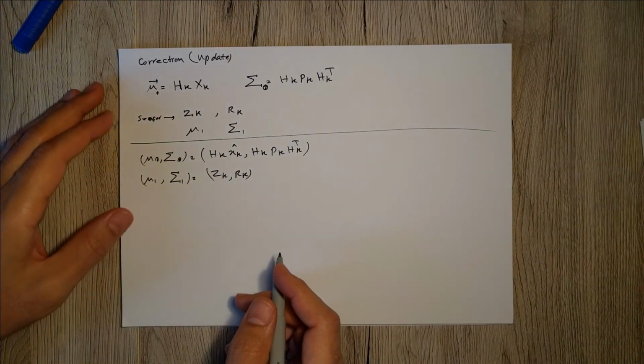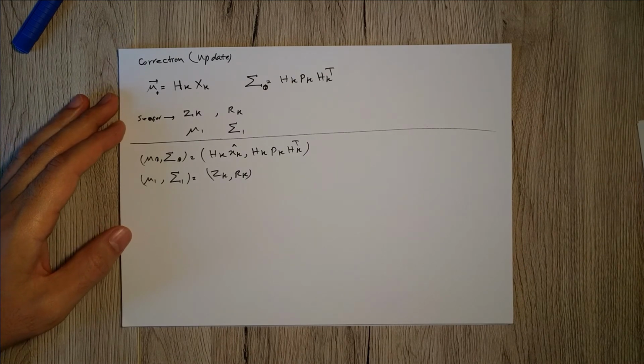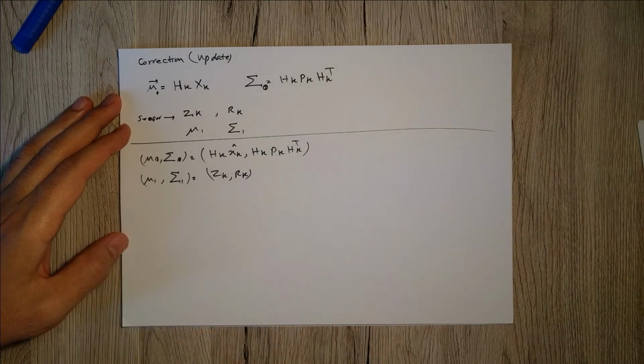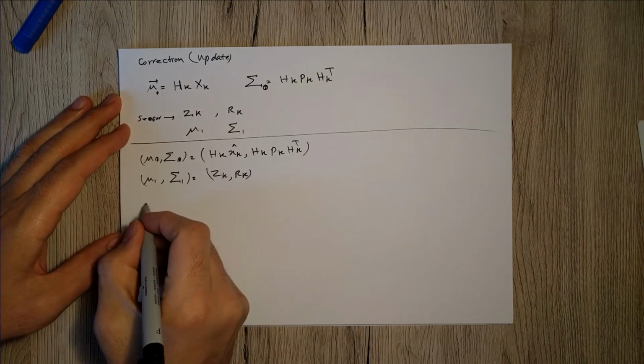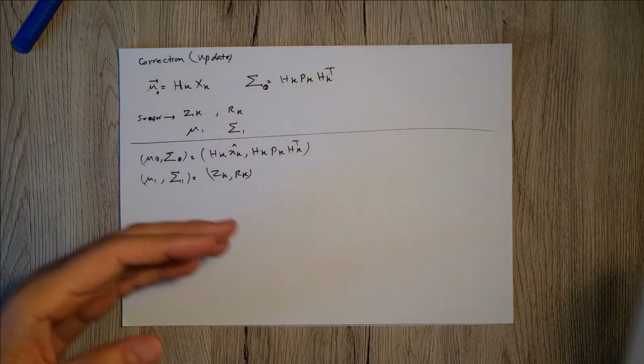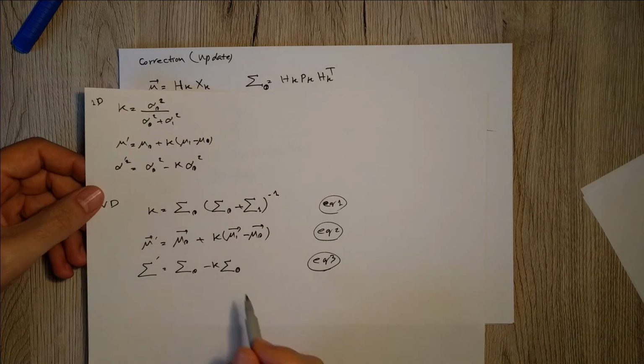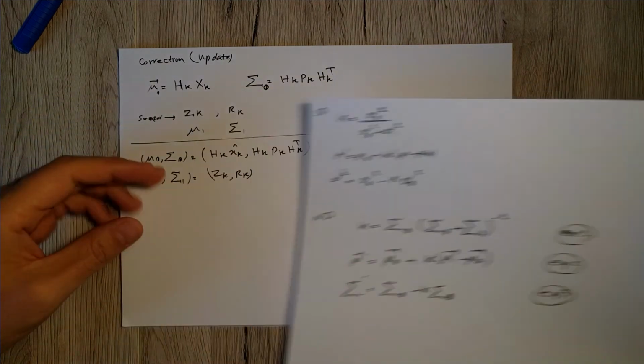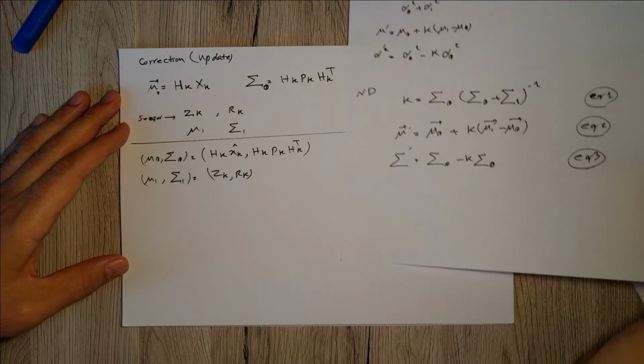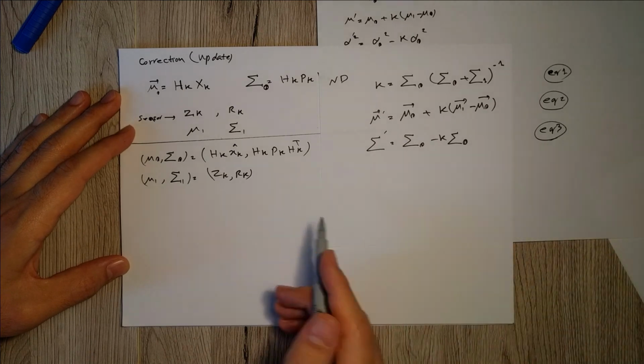So if I use equation number 2, I can go back to that to write down the new mean. I can put it here.